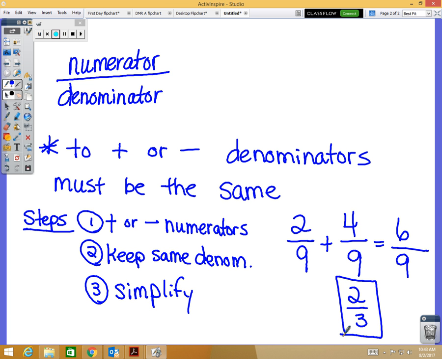We all remember how to do that, right? Okay, so there's going to be adding ones, there's going to be subtracting ones. I don't think that we need really any more practice with just fractions, correct? Let's move on to mixed numbers then, because mixed numbers, it gets a little bit more complicated.